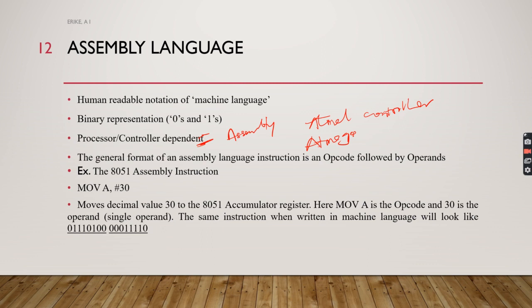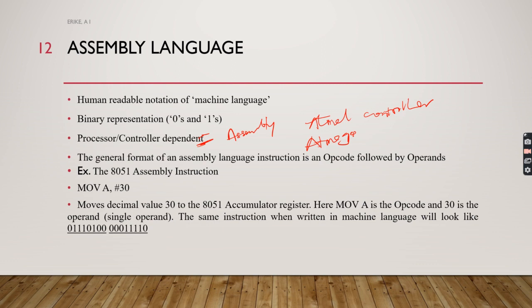In other words, the opcode is the instruction of what to do, and the operands are the data and information required to perform the action specified by the opcode. It's not necessary that all opcodes should have operands following them. Some opcodes implicitly contain the operand, and in such a situation, no operand is required. The operand may be a single operand or dual operand or more.